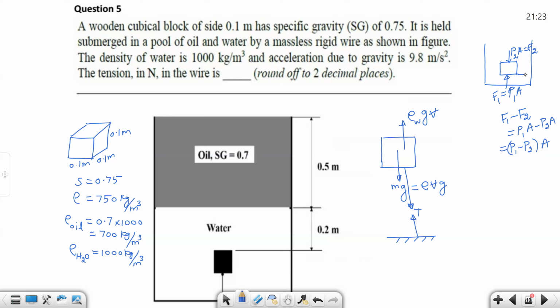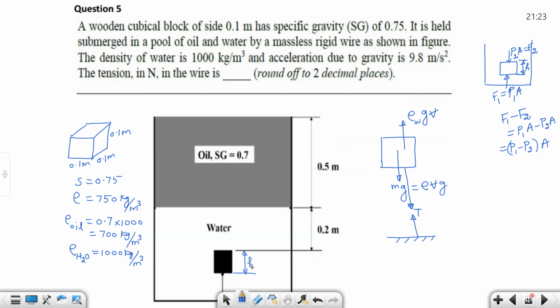So if you take this height as h, you have two fluids. So maybe I just take this height as h, with the pressure acting at the bottom and the pressure acting at the top.